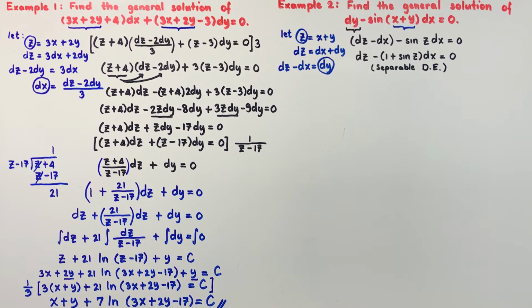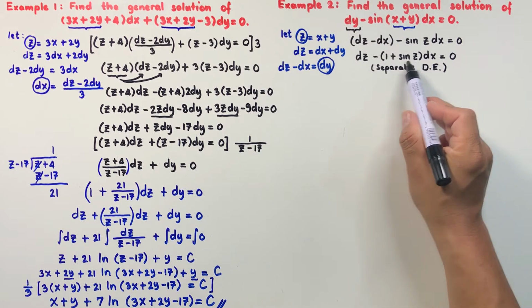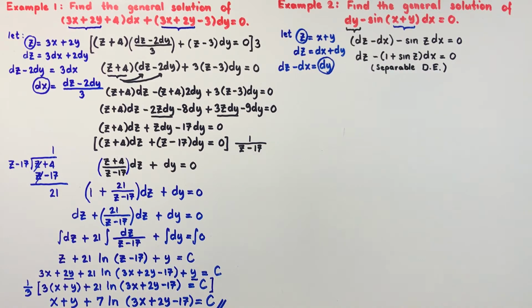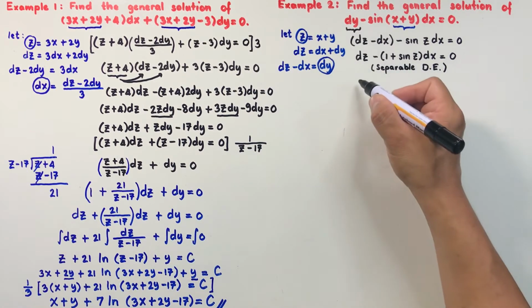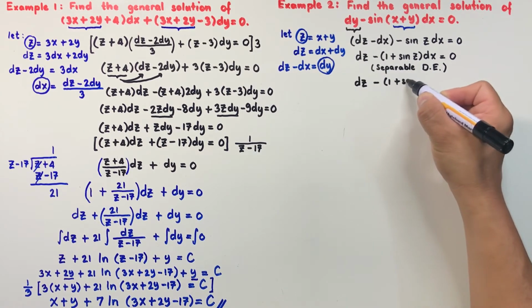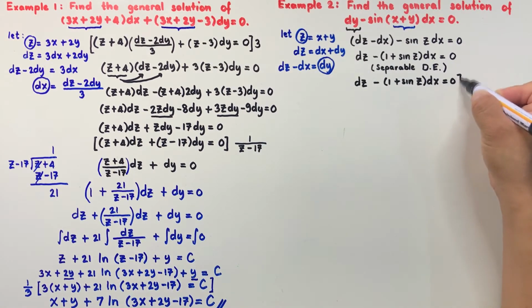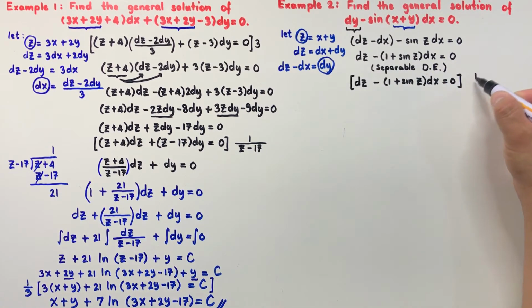So to solve this separable differential equation, we will move this 1 plus sine z as the denominator of dz. And we can do that by multiplying both sides of the equation by this binomial, which is the 1 over 1 plus sine z.